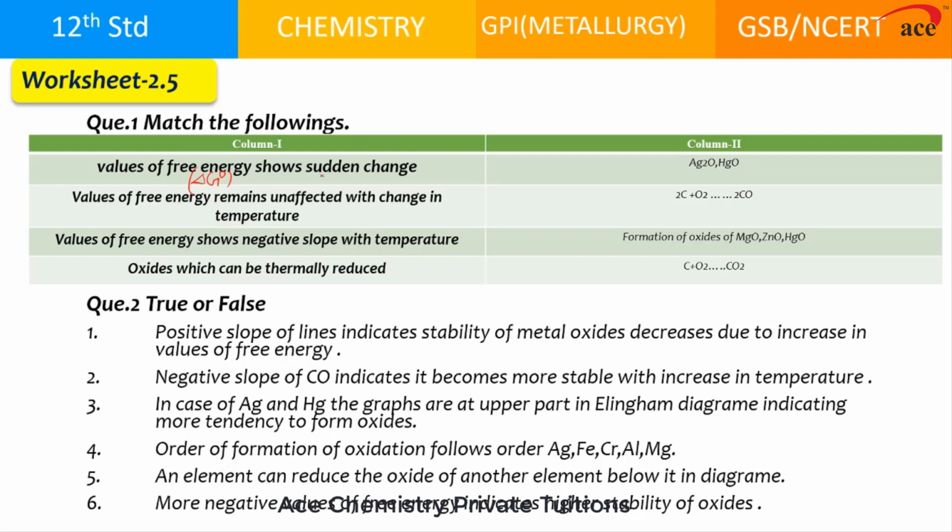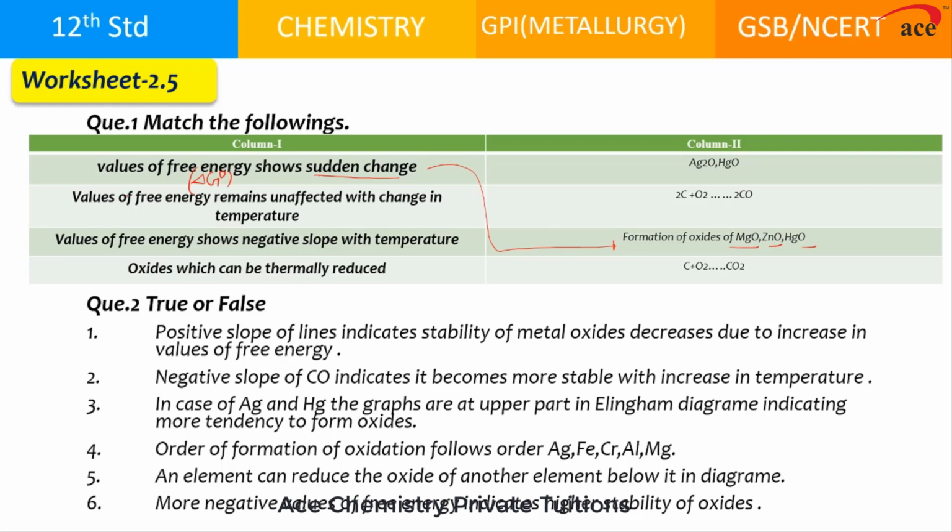In what cases is there an abrupt change or shift, or you can say a jump, in the values of delta G naught? That is the formation of oxides of magnesium oxide, zinc oxide and mercury oxide. If you check the graphs for the formation of magnesium oxide, zinc oxide and mercury oxide, there is an abrupt or sudden shift in their delta G naught values.